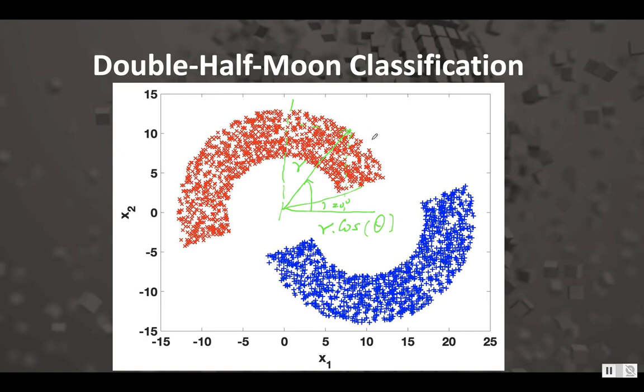And for x2, it is equal to r times sine theta. So we can use cosine and sine to convert polar coordinates into Cartesian coordinates. That is what the code does there.